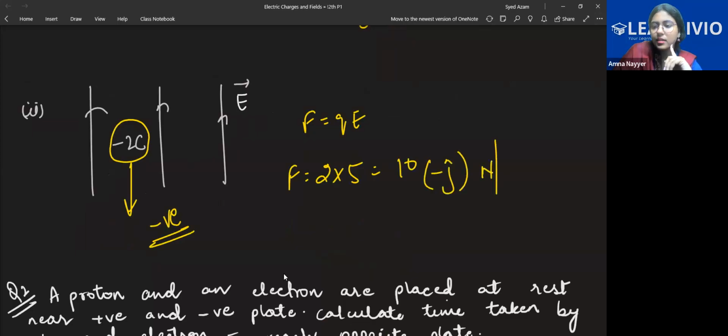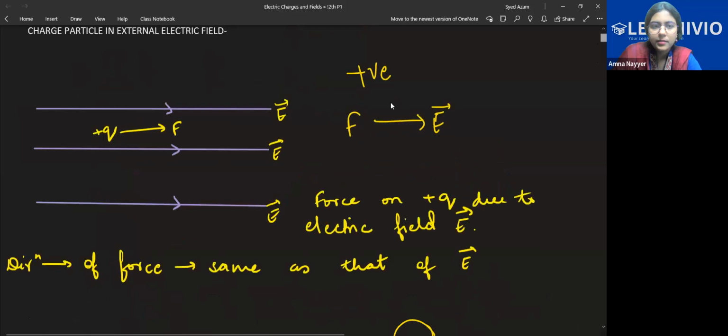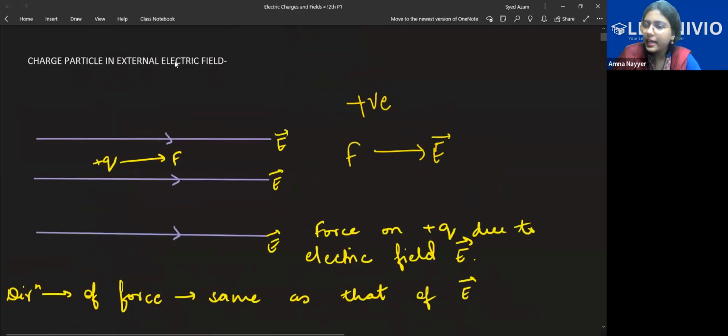Is this part clear to all of you? Yes, ma'am. Okay. Just write down this part from here: charged particle in external electric field. Then we'll see how the questions come. We'll do 2 to 3 questions. That kind of question only comes in the exam. You just use your equations of motion. That we'll see.